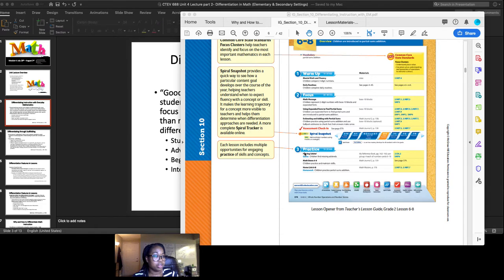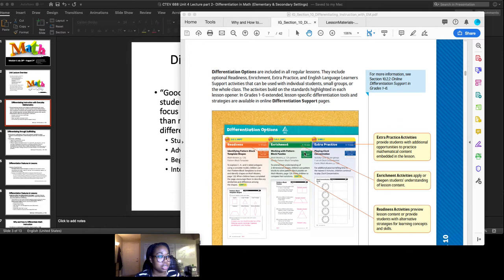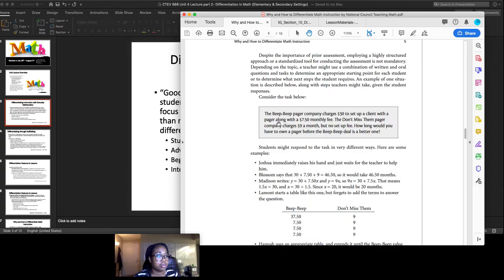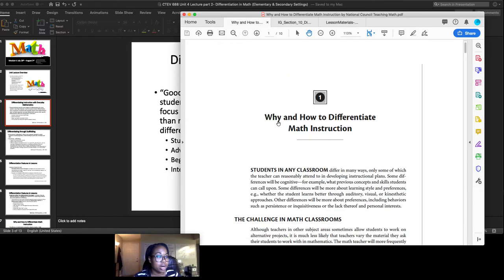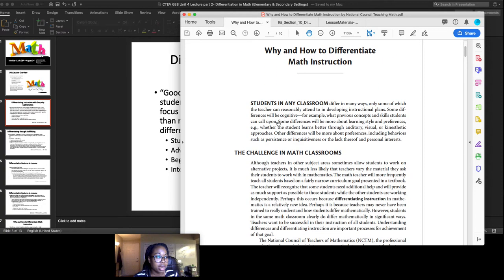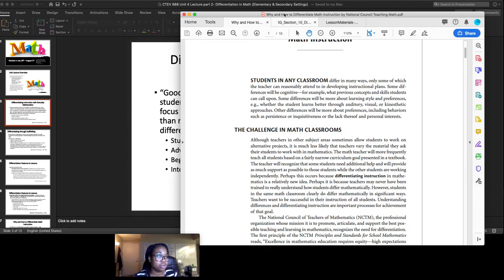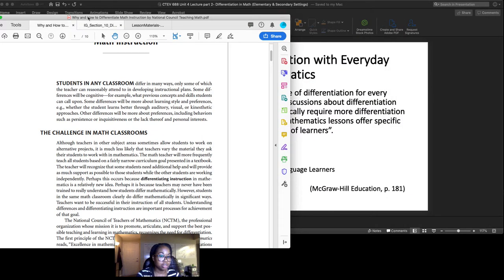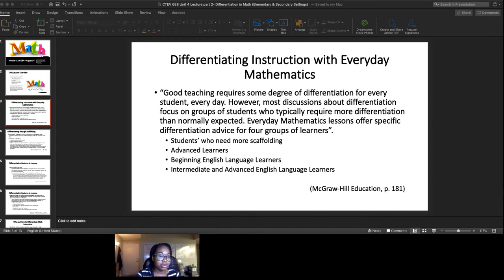But what you want to focus on are the things that they have in it, not necessarily the fact that you don't have that resource, but the things that they have in it, and then the breakdown. And then the other thing that I've provided for you is the why and how to differentiate math instruction, because there's two components to differentiating. So as we go through it, the first one we start with was the McGraw chapter, which was an addition.